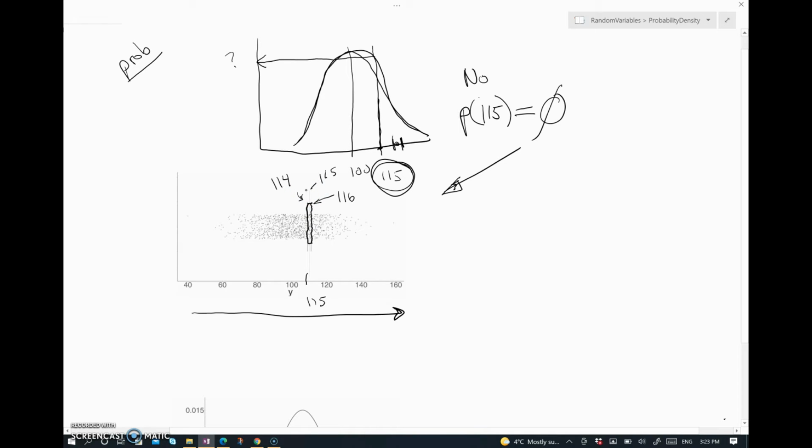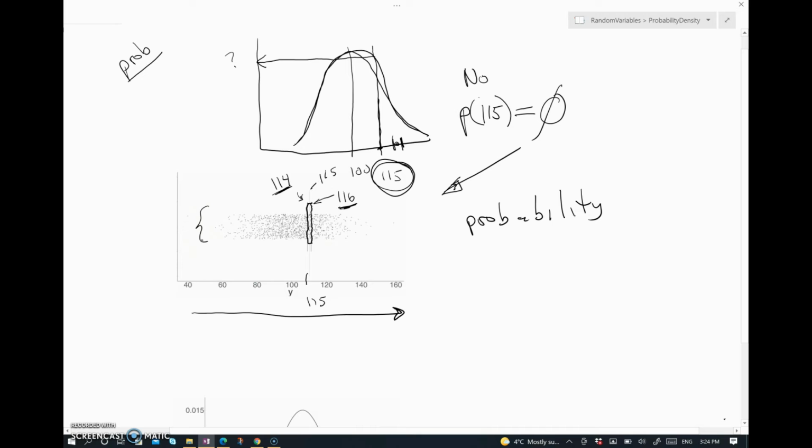Well, we can calculate the probability of a value lying between 114 and 116. That's easy to do. We just count up the number of points that lie between 114 and 116 and divide by the total number of points.